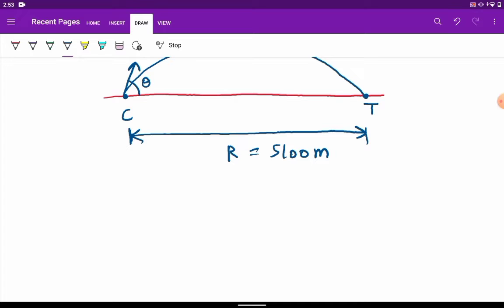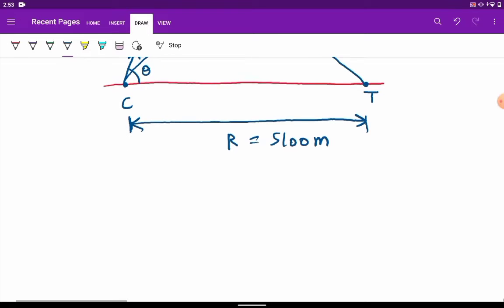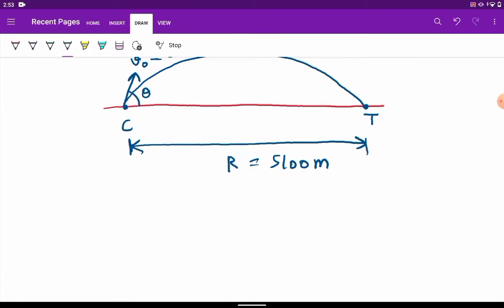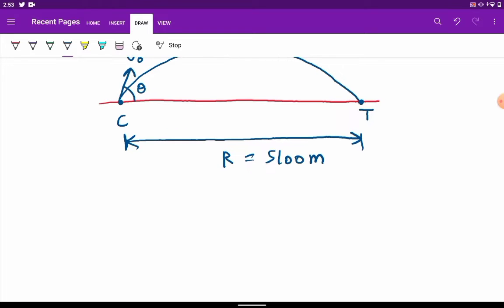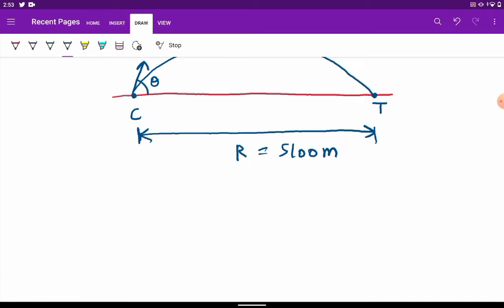The range is the horizontal distance traveled by a particle in the projectile's trajectory in the whole time of motion. Now your R, as we have already derived in a previous problem, you can check that out. I will also post the link in the video description.